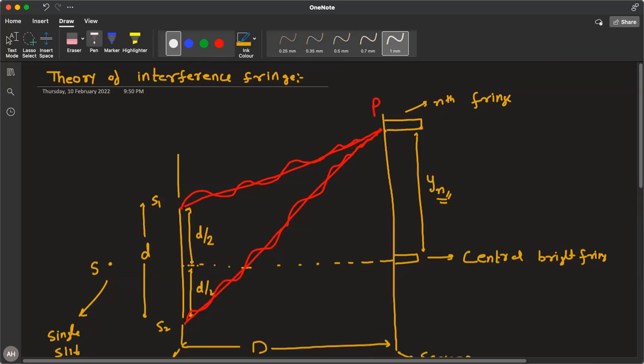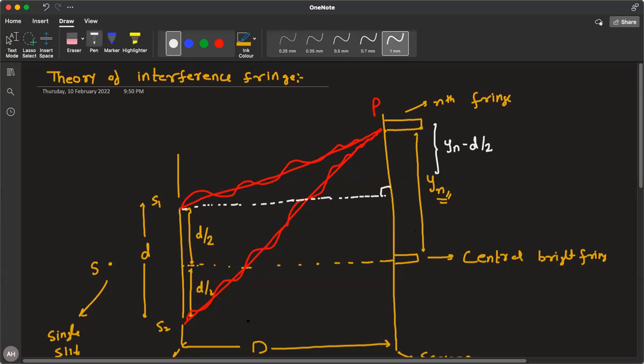So what we can do is drop a perpendicular over here. This whole is yn, this is d by 2. So this much separation will be yn minus d by 2.